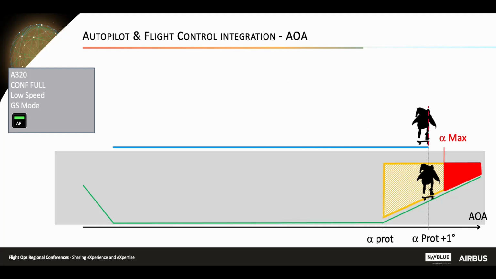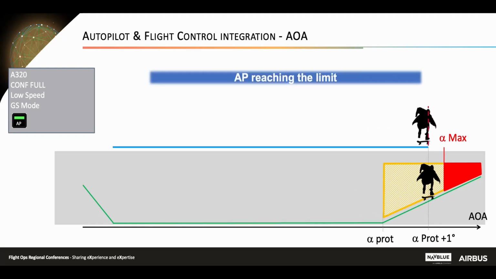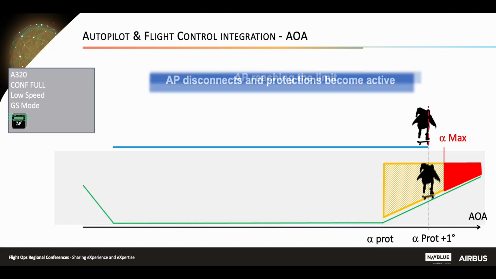So if the angle of attack reaches alpha prot plus 1, the autopilot will disconnect as per design. When the autopilot disconnects, the flight control laws, which were passive in the background, will take over and become active.